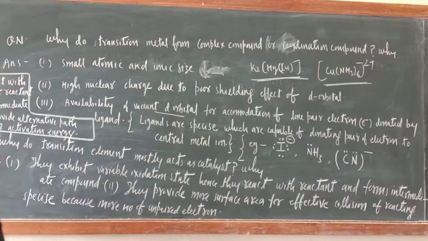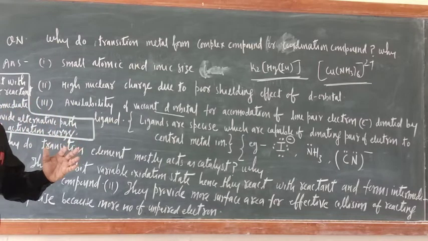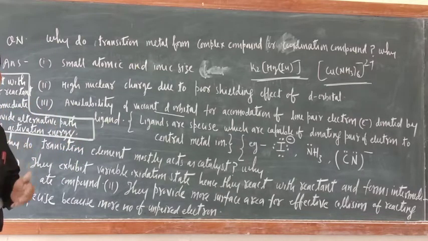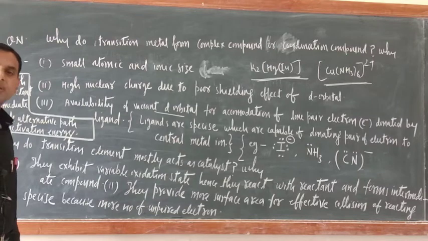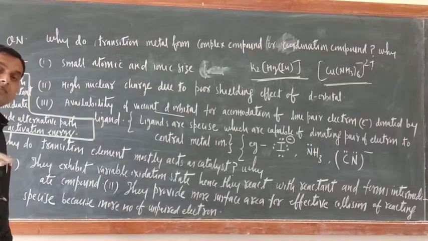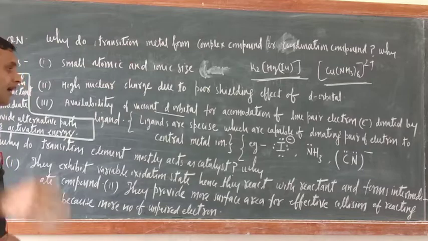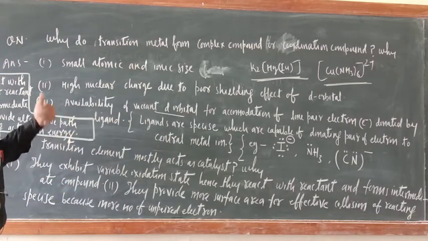Number one, transition elements exhibit variable oxidation states. So how does exhibiting variable oxidation states help in acting as a catalyst? You know that catalysts form a temporary bond with the reactant. So if they are exhibiting variable oxidation states, then that will help them to form an intermediate compound with the reactant.